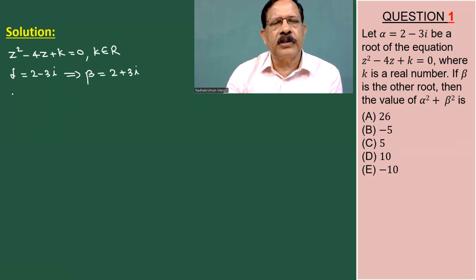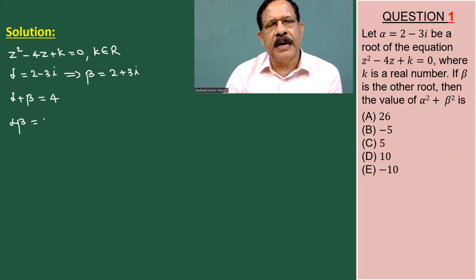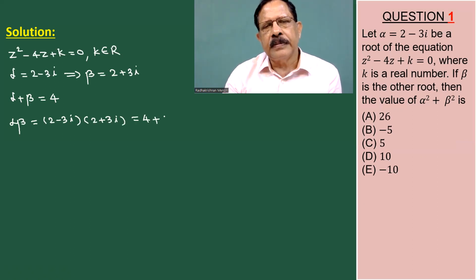Now, sum of the roots is very easy. Alpha plus beta equal to 2 plus 2, which is equal to 4. Alpha beta equal to, you multiply 2 minus 3i and 2 plus 3i. So you are getting 4 plus 9, which is equal to 13. You are being asked to find out alpha squared plus beta squared.